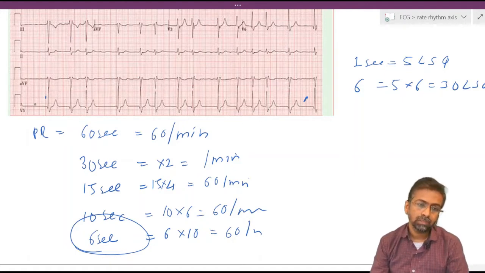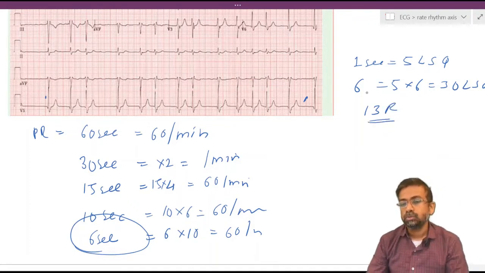Now you see how many R waves there are. 1 2 3 4 5 6 7 8 9 10 11 12 13. So there are 13 R waves, meaning 13 beats. One QRS is 1 beat, so in 6 seconds you got 13.